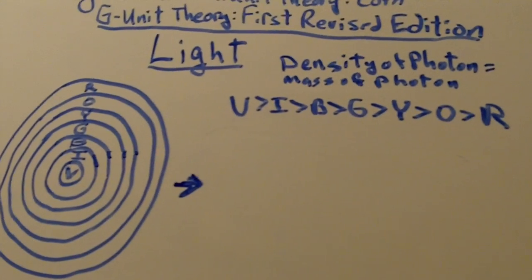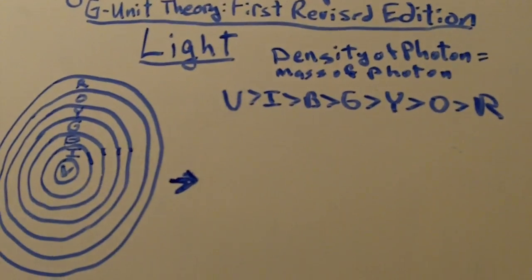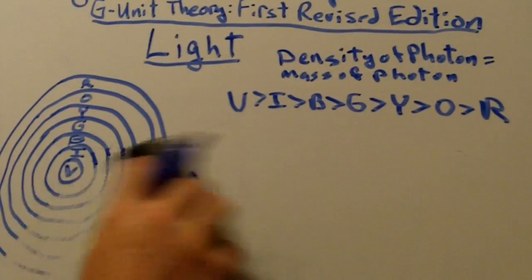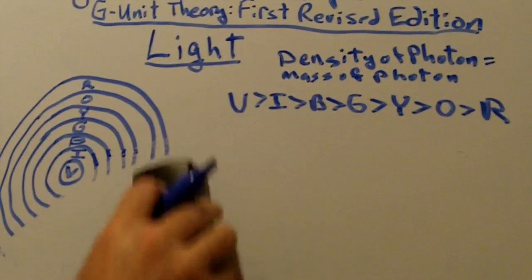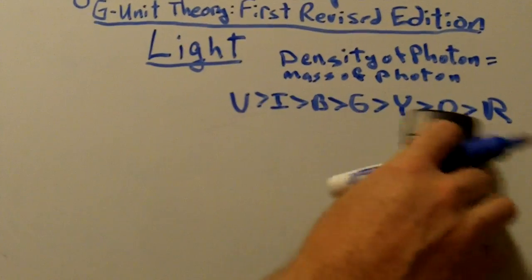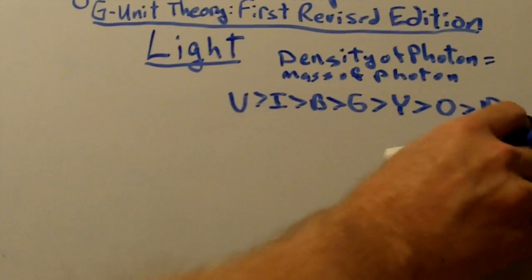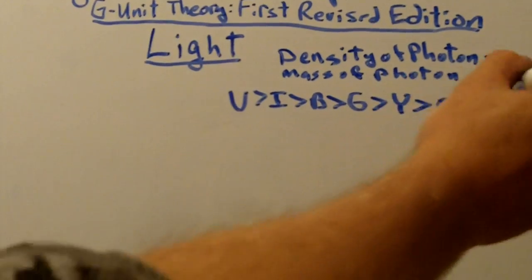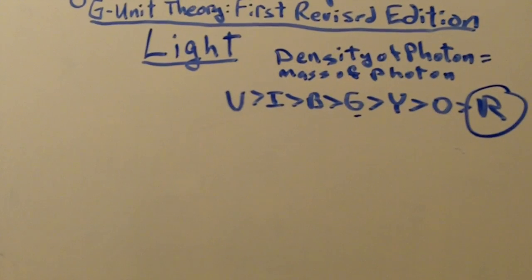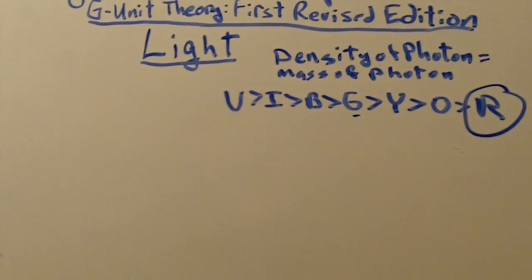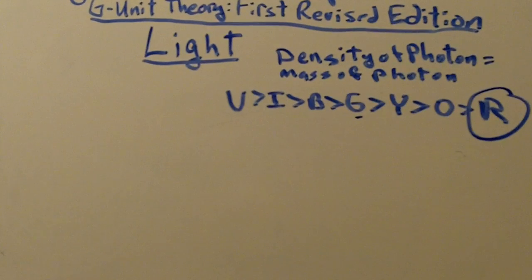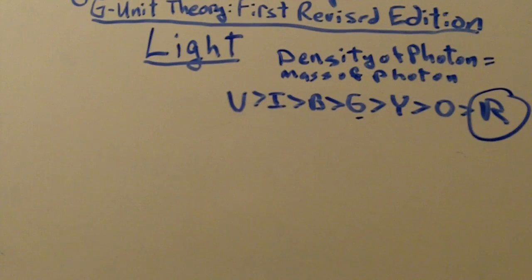I'd like to talk a little bit about the split screen experiment, which uses monochromatic light. To use one of these photonic densities, they usually use red, which is way down here at the end, although you do see some green lasers, but generally you see red lasers that they do the experiments with.